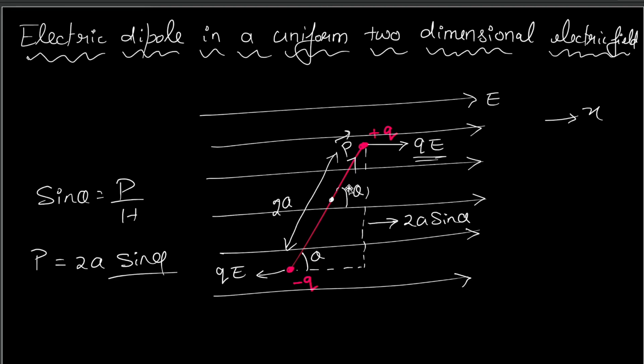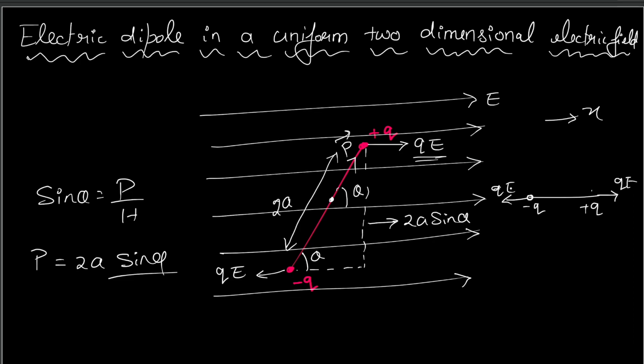Let's suppose if theta is 0, then the dipole is in this direction only, and the forces are equal and opposite. Let's suppose this is the dipole and theta becomes 0, then the force on this charge is QE, and force on this negative charge is minus QE.